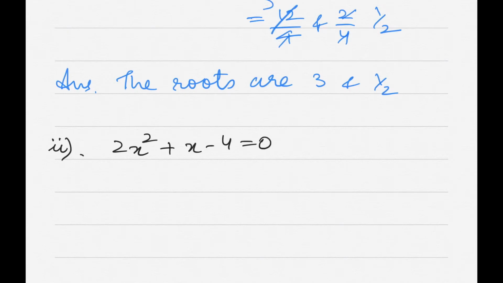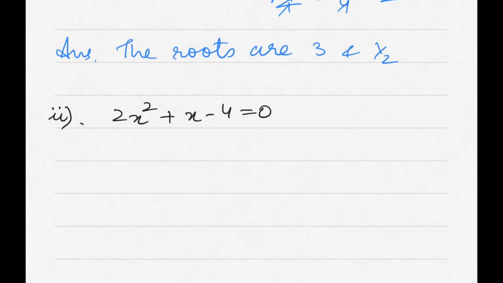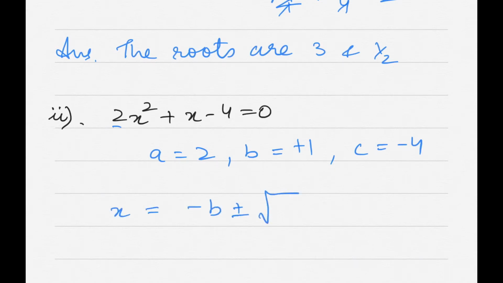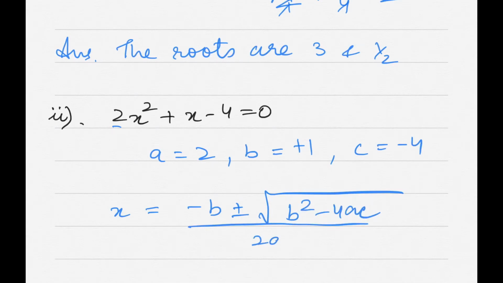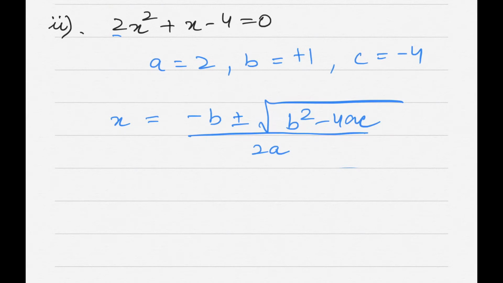Let's move to the second part. The second part is 2x square plus x minus 4 is equal to 0. So we know here that my a is equal to 2, the coefficient of x square, b is equal to plus 1, the coefficient of the middle term x, and my c is equal to minus 4, the constant term of the equation. So again I'll write down x is equal to minus b plus minus square root of b square minus 4ac, by 2a. Now let's substitute the values.